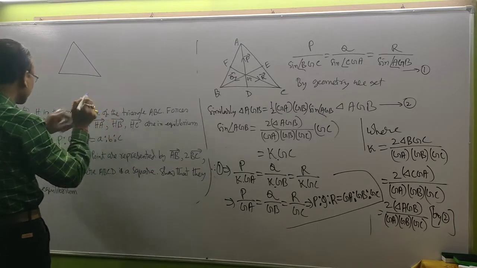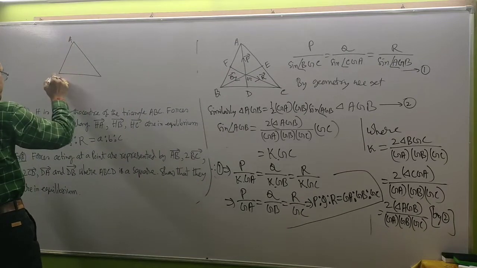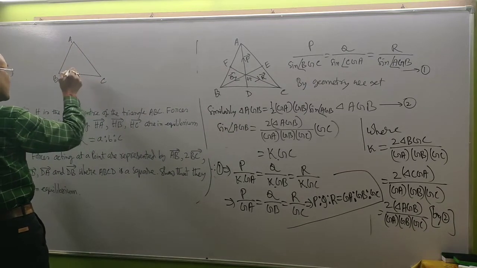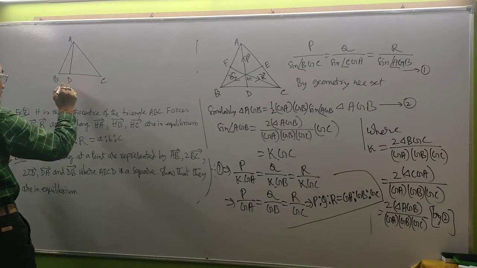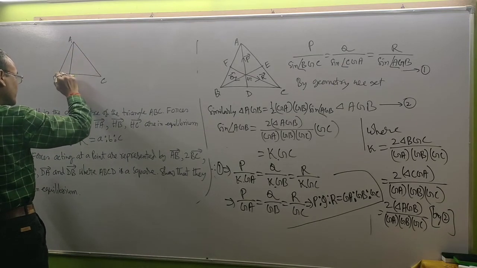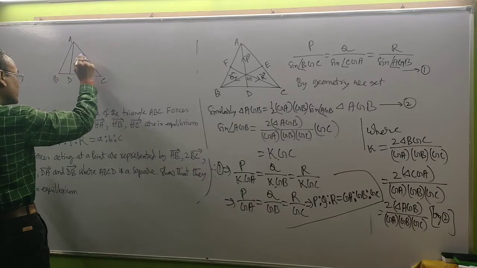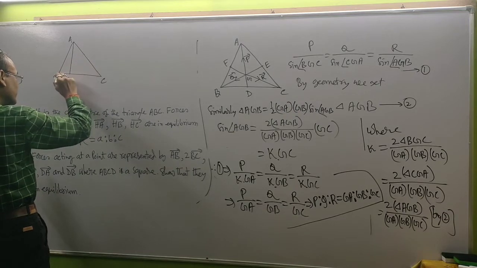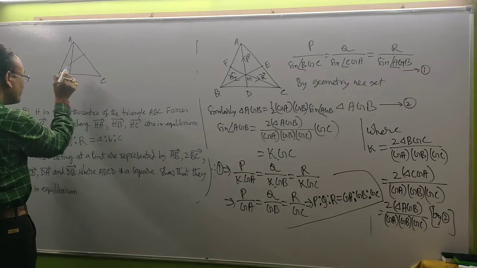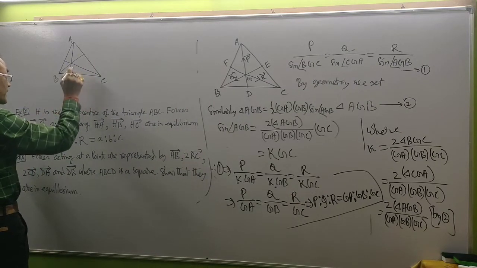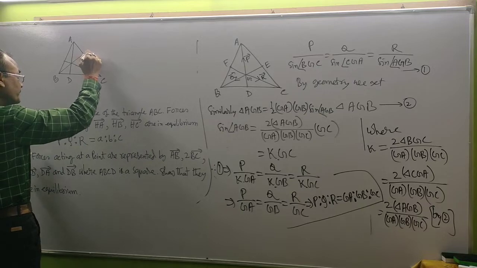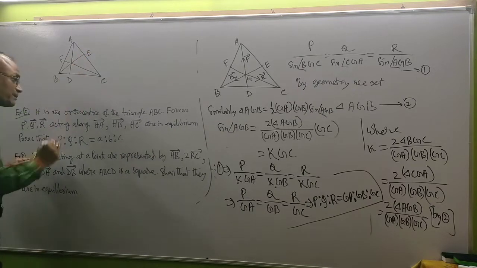Suppose this is a triangle ABC. In the triangle, we draw perpendiculars. It will be like this. AD, BE and CF are perpendiculars.